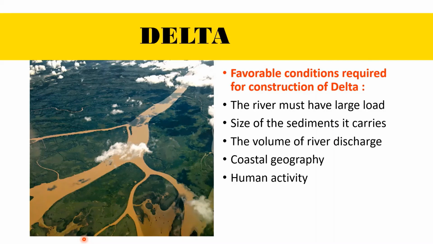Human activity is responsible for the irregular shape of the bird's foot delta on the Mississippi River, created by the constant dredging to keep shipping channels clear. The construction of dams and diversion of water out of the Colorado River has essentially shut off the supply of water and sediments to the Colorado River delta in the Gulf of California.